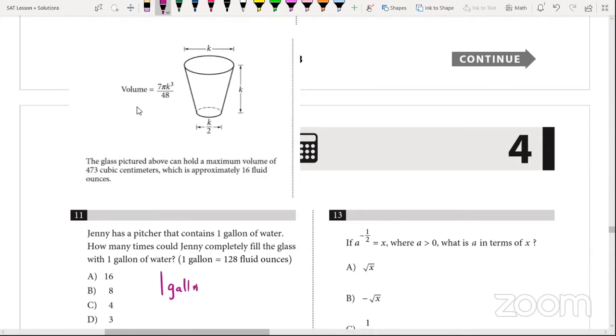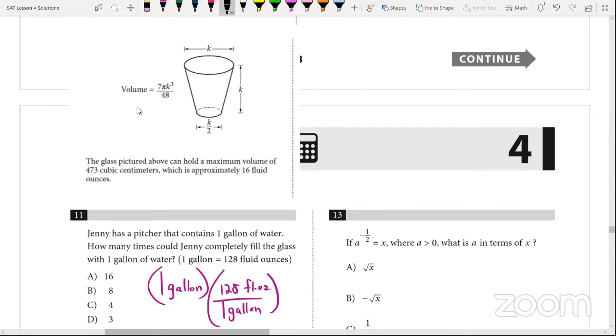So we can view this as a unit conversion problem because we have 1 gallon, and 1 gallon is said to be the same as 128 fluid ounces.